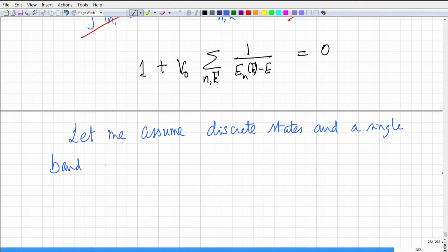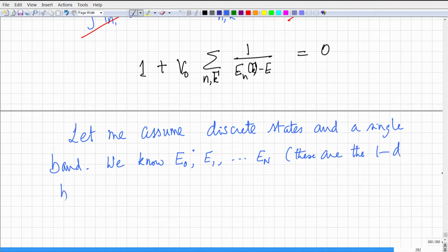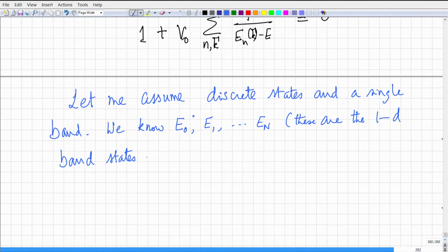So, what we know is E of k, which is E naught, E1, etc., En. These are the 1D band states, we know those things, and we know V naught.